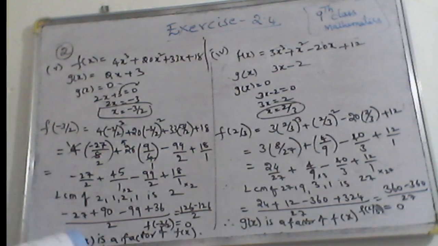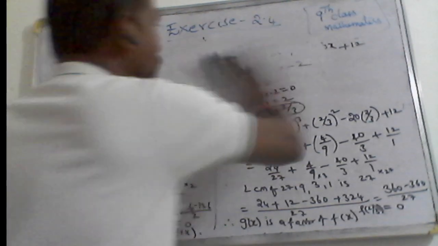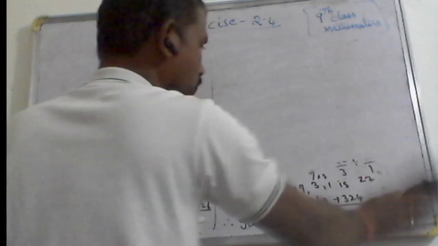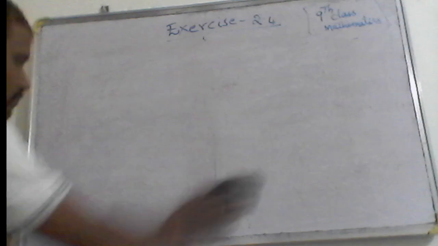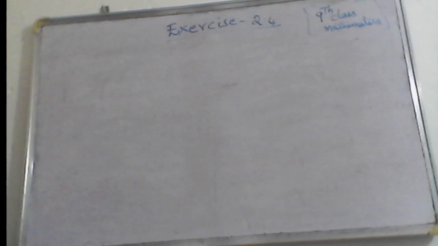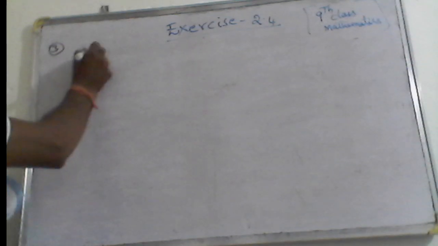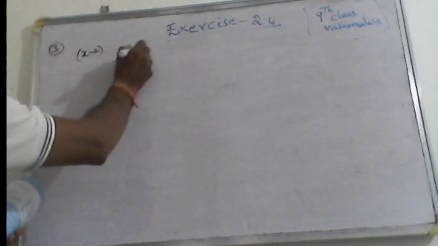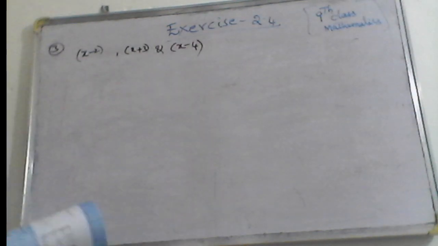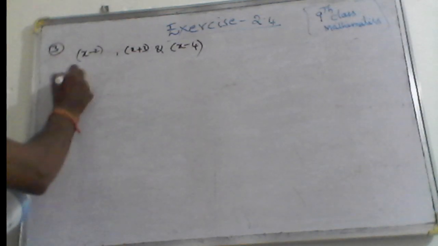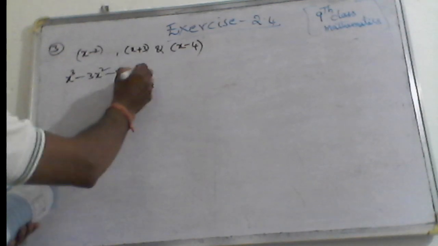Next one, bit number 3. Show that x minus 2, x plus 3 and x minus 4 are factors of x cube minus 3x square minus 10x plus 24.